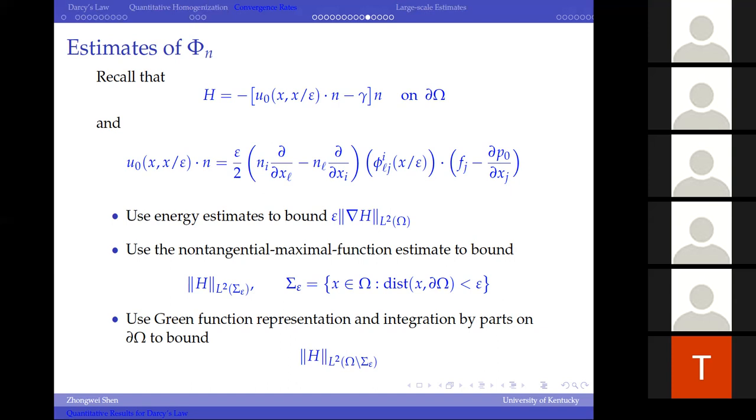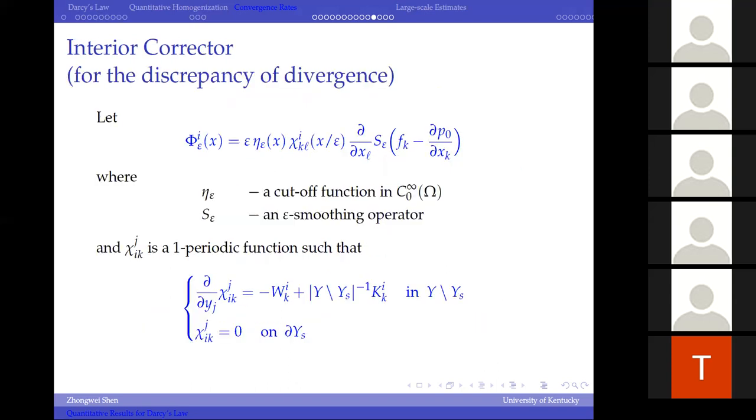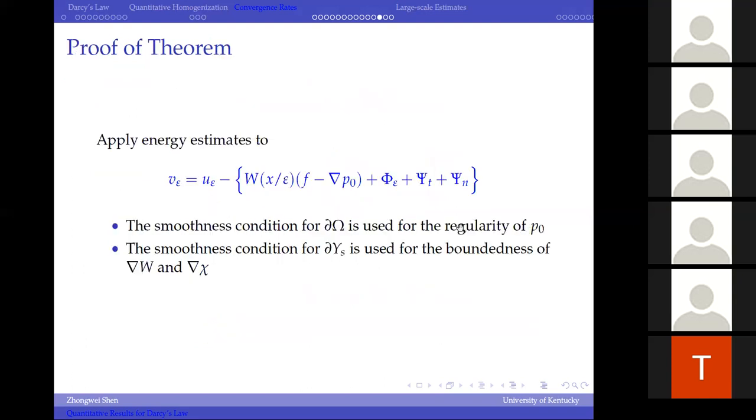All right, so I mentioned before, there's also an interior corrector that's already known. So one thing we did here is that we do a suitable smoothing of this F minus gradient of P0, and this will allow you to trade the order of the derivative with the order of decay. So that's a minor point for the interior corrector. All right, so finally, you simply put everything together.